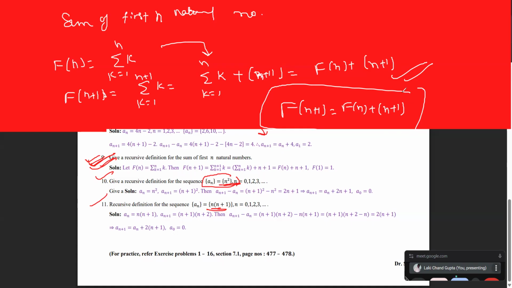Yes. f of 1. You know the first natural number is? The first natural number is 1. So you can either write f of 0 or f of 1. Whatever you want to write, you can write there. Okay? Understood? Yes.